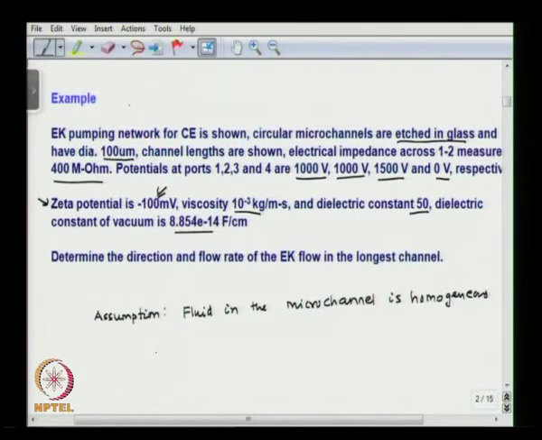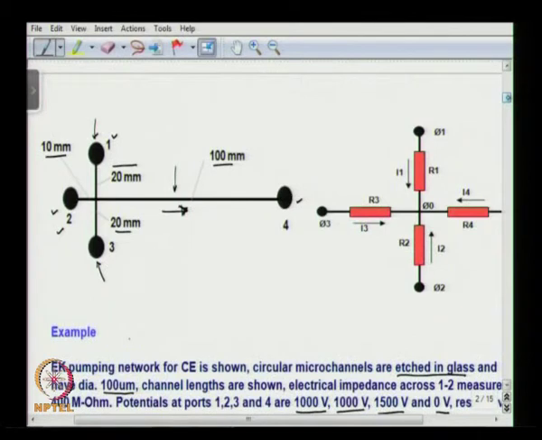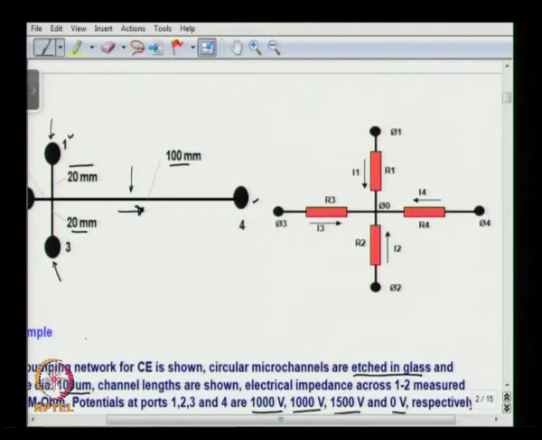In that condition the electrical impedance will be proportional to the channel length. And we can analyze the system as a network of resistors. So in that case we can represent this network as an equivalent electrical network.